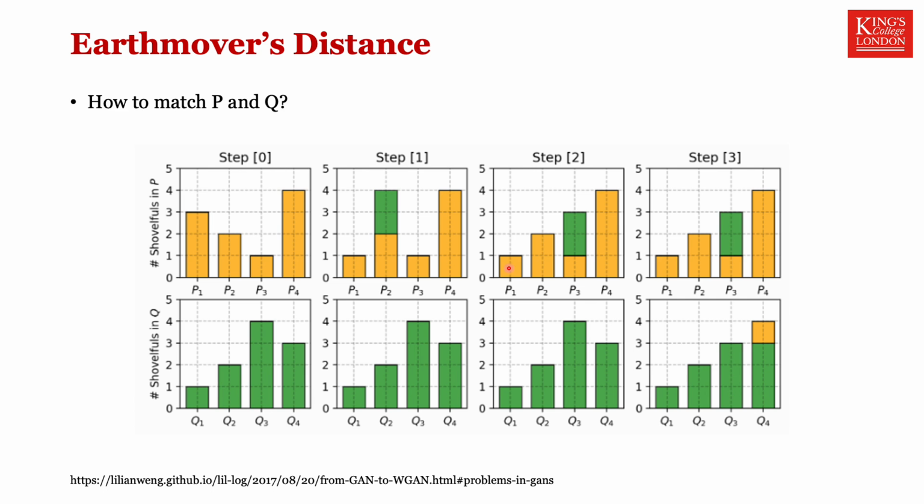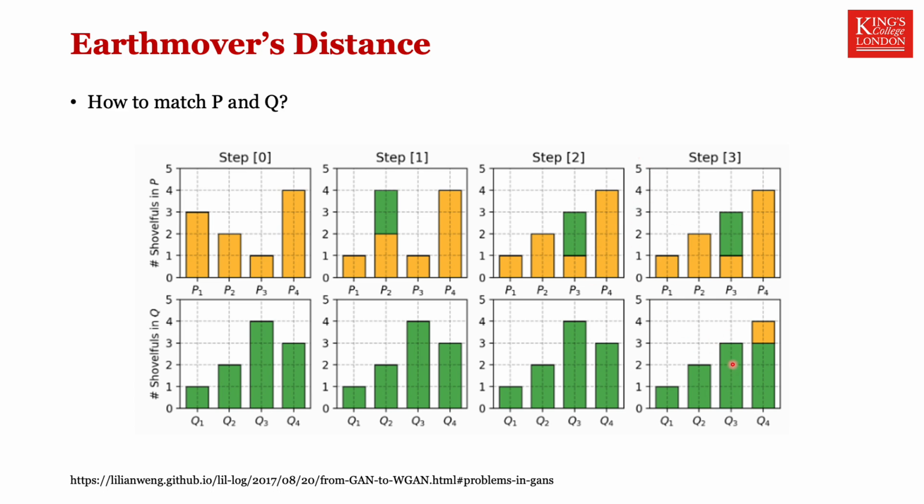In the third iteration, we now have 1, 2, 3, and 4 units in bins 1, 2, 3, and 4. But in the target distribution, we have Q1, Q2, Q3, Q4: 1, 2, 4, 3. This means that the third bin has one more element than the third bin at the top, while the fourth bin has one less element than the one over there.